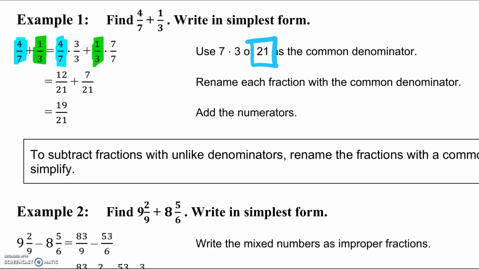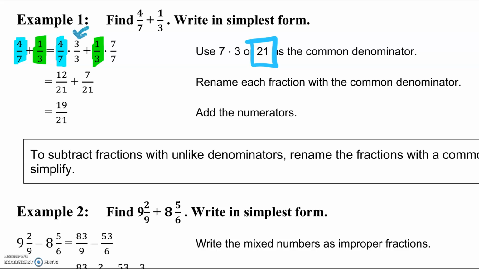So we know 7 times 3 is going to give us 21, and we can't just change the denominator because that would change the value of our fraction. So we multiply times 3/3 because that really just equals 1, right? And multiplying by 1 doesn't change our value. So 7 times 3 gave us 21 here, and then 4 times 3 gave us 12 on the top.